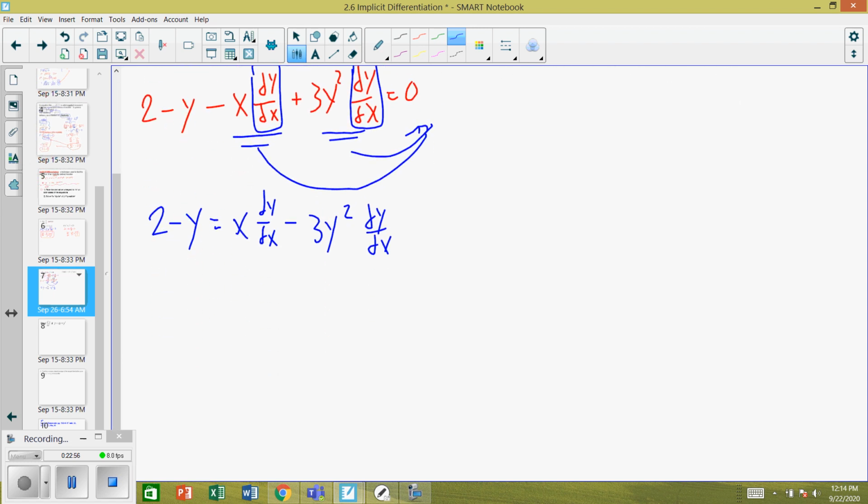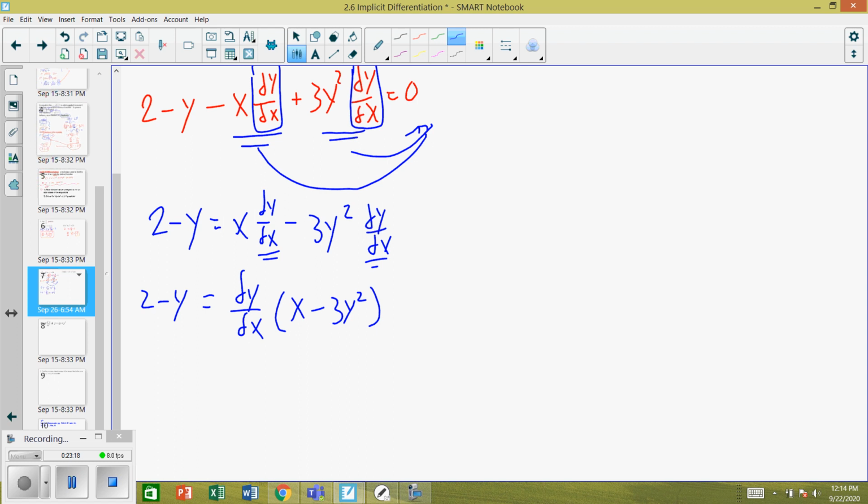Now, the idea is to get dy over dx by itself. If you notice, on this whole side they all have a dy over dx in common, so I'm going to factor that out. What I'm left with is x minus 3y squared, and I still have 2 minus y.